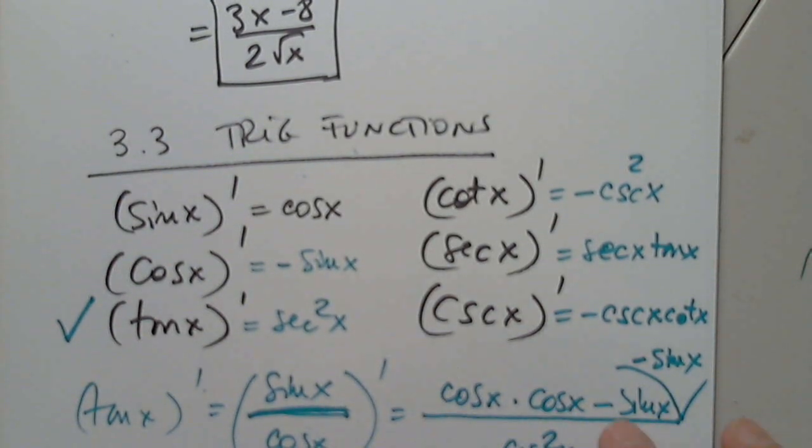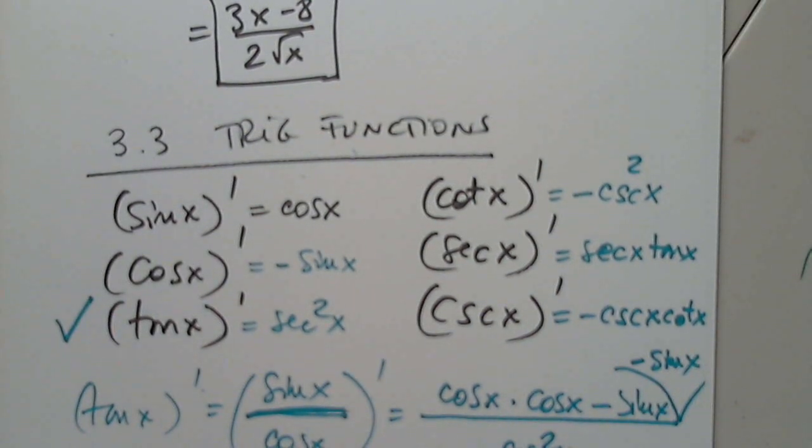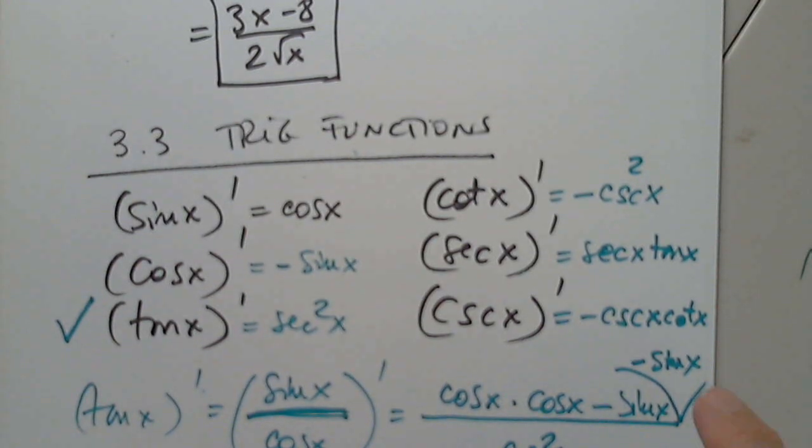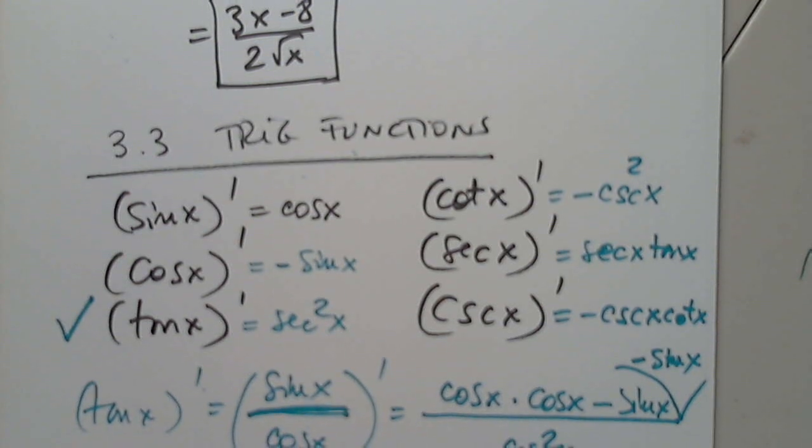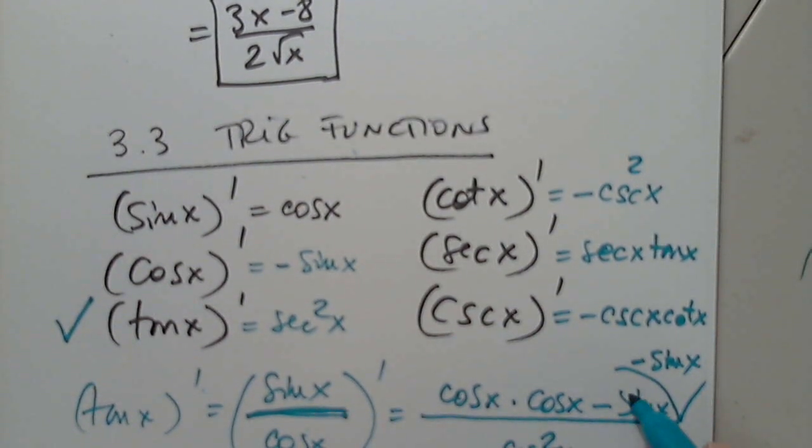So cosine squared minus sine times negative sine will be positive sine squared. Negative sine x times negative sine x is positive sine squared x. Is that better? Yes, it's better. Perfect.